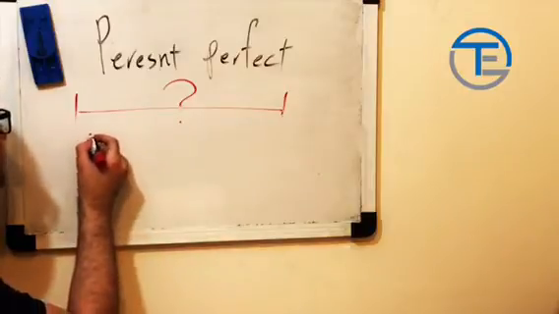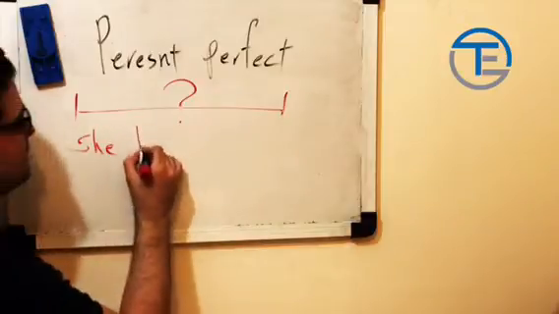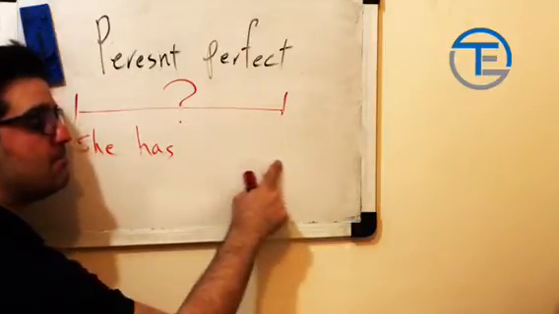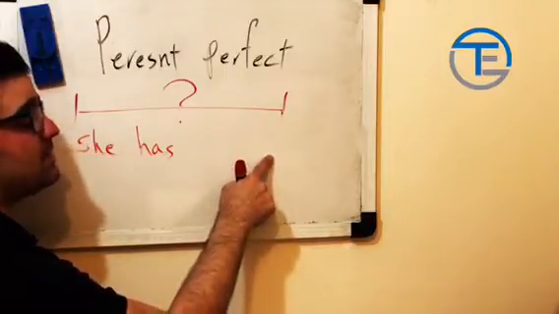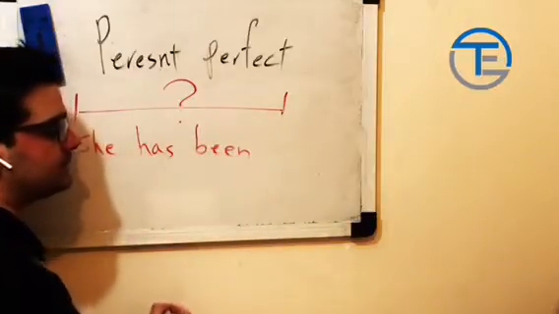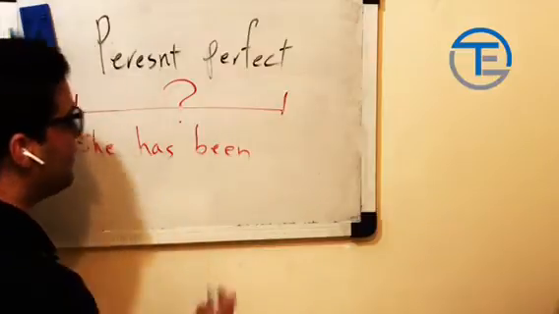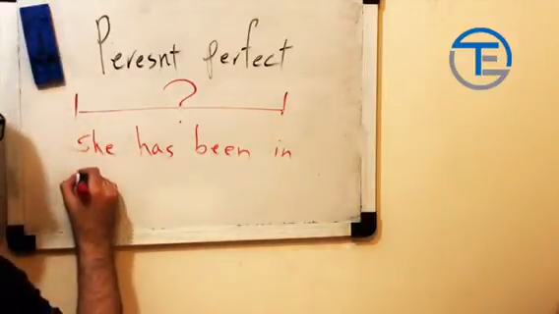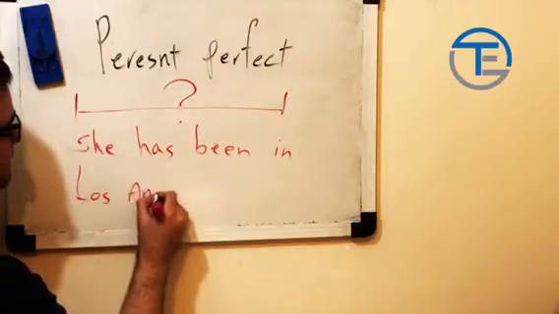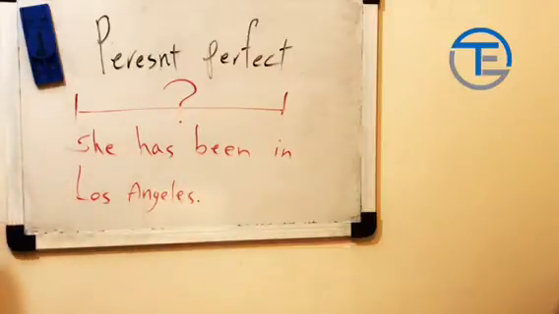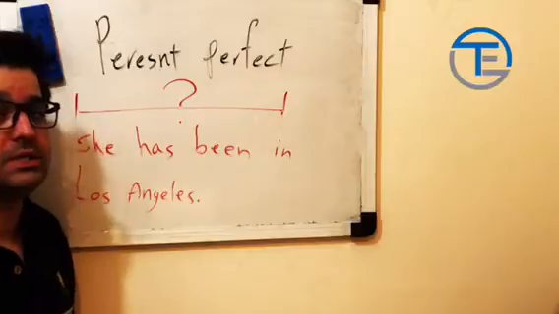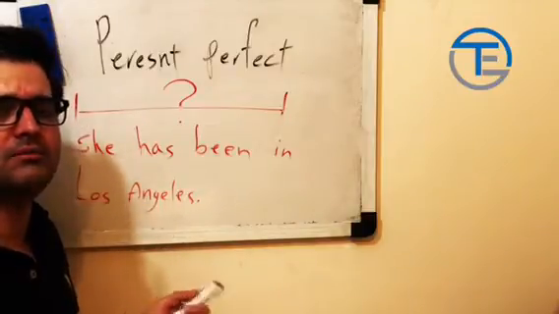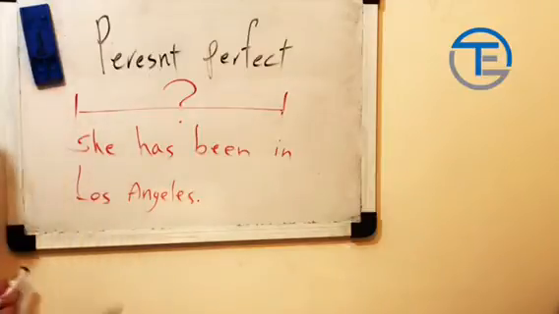For example, she has, plus your main verb in the past participle, for example, been. It's the past participle of is, was, were. He has been in Los Angeles. But we don't know the time. We don't know exactly when she came to America.